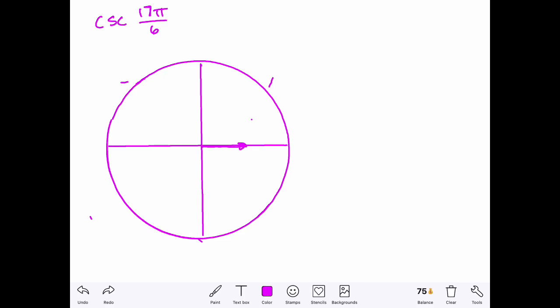Initial side, and then I'll rotate pi halves, pi, 3 pi halves, 2 pi.